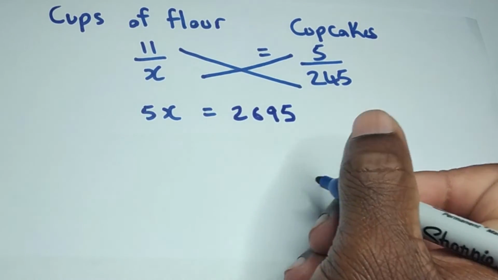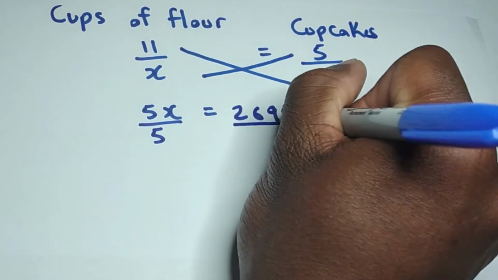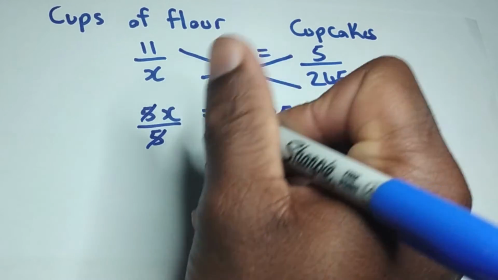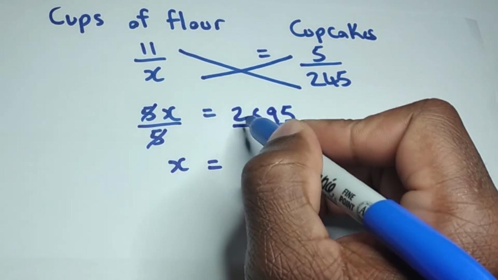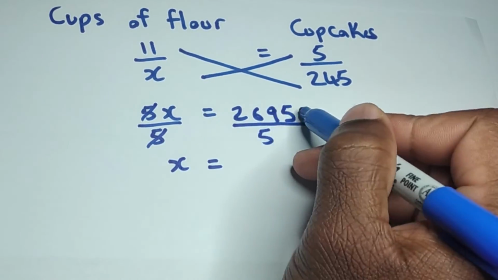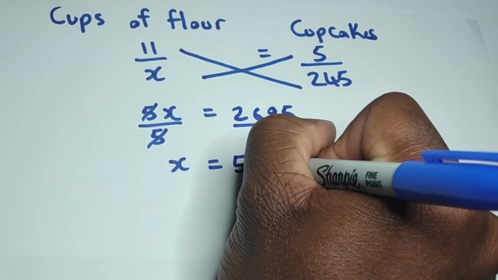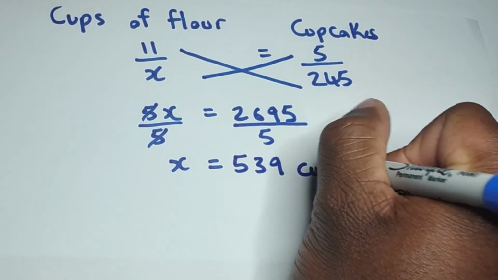Now what we want to do is to divide both sides by 5. So 5 will cancel 5, and x will be equal to the result that we get when we divide 2695 by 5, which is 539 cups of flour.